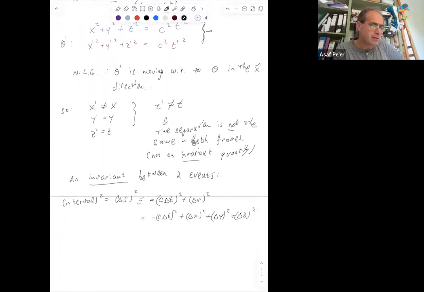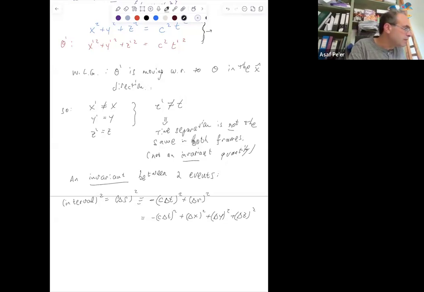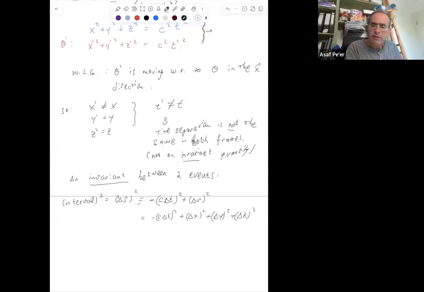In this case it will be zero, because we're talking about a photon. Both observers would agree on the interval between the two events. Although they disagree in general on the time separation and on the space separation, they do agree on the interval.